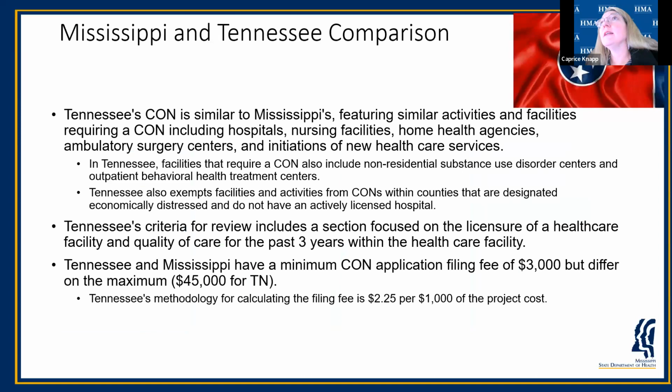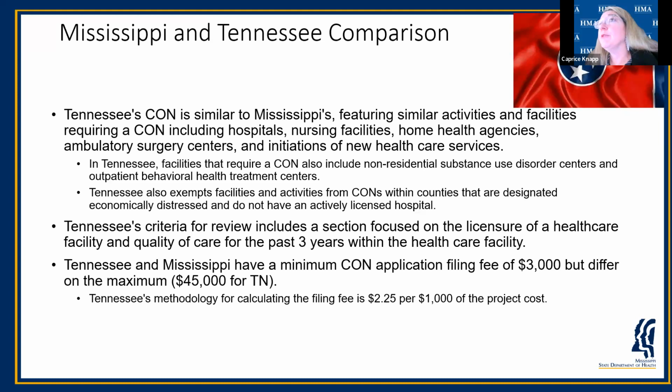If you can advance to, okay, Tennessee. Interesting thing about Tennessee, so their certificate of need process is very similar to yours in terms of activities and facilities. They also include non-residential SUD centers and outpatient behavioral health treatment centers. Some interesting exemptions that they have here, and I'll talk about those in just a moment.